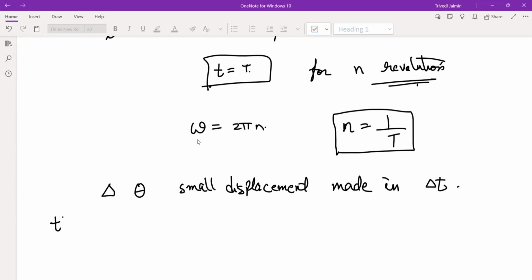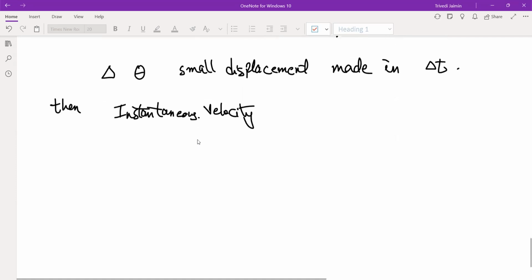That time, then instantaneous velocity, which is, let's write first omega equals to limit of delta t tends to 0.